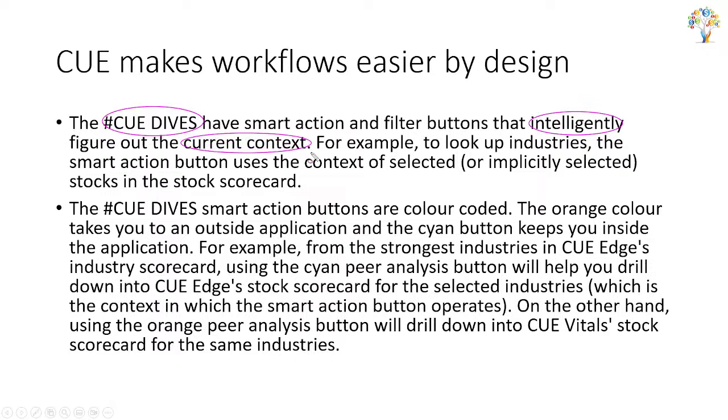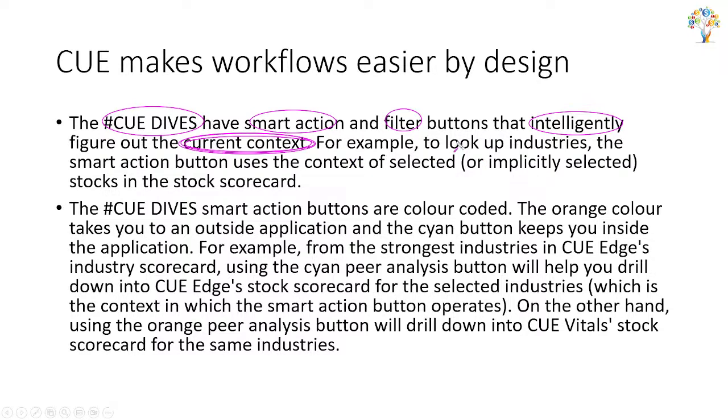Why I am describing this is that when I work on the workflows on live market or after the market, I know what context I am going to act on when I am using the smart actions or filter buttons. How to identify the context is intuitive, and as I go along, I will explain it more.